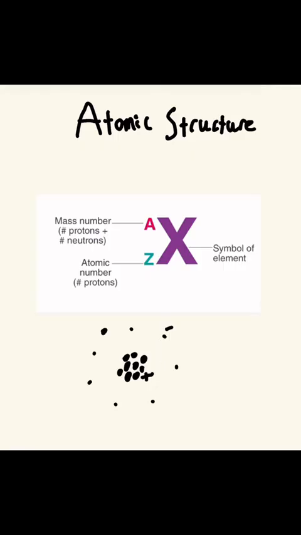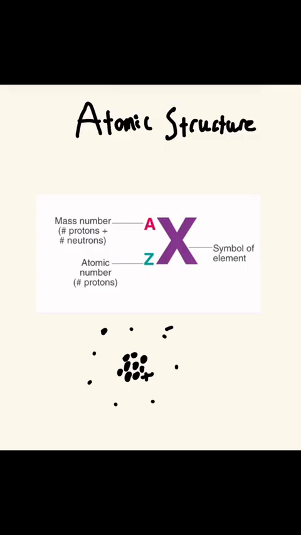Now, the type of atom that this is determined by the number of protons within the nucleus. Okay, so that's another thing to note. So if we have a look at this image above, we can see that the type of atom can be expressed in this form.